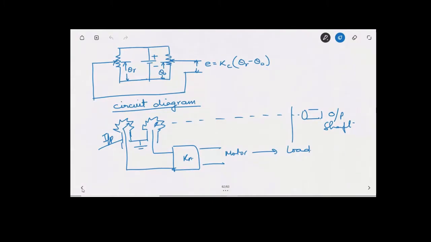Then we have an important component, the gear train.